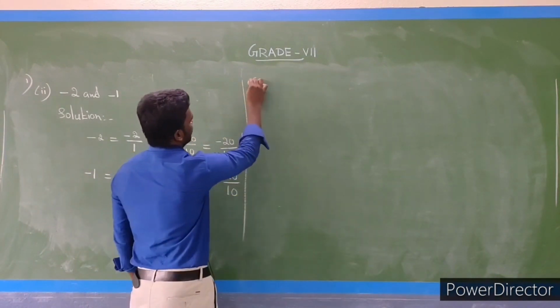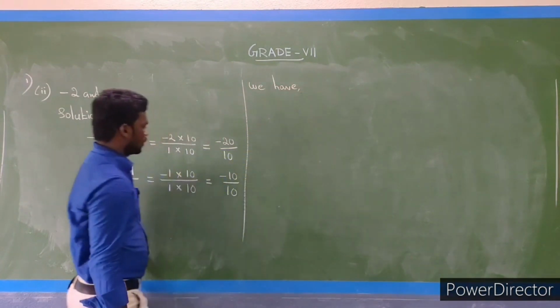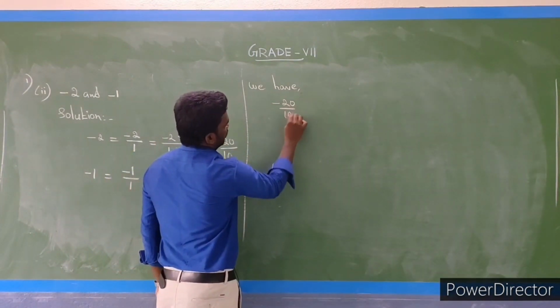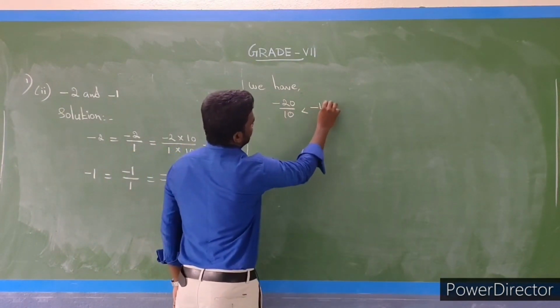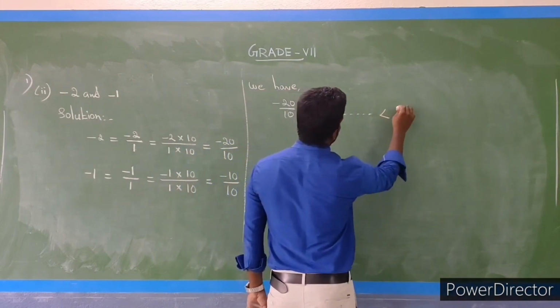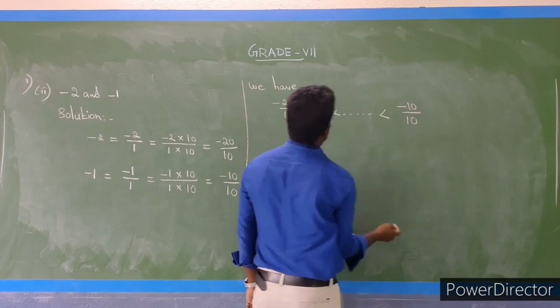So from our conditions we have minus 20 by 10 is less than minus 19 by 10, less than, and so on, less than minus 10 by 10.